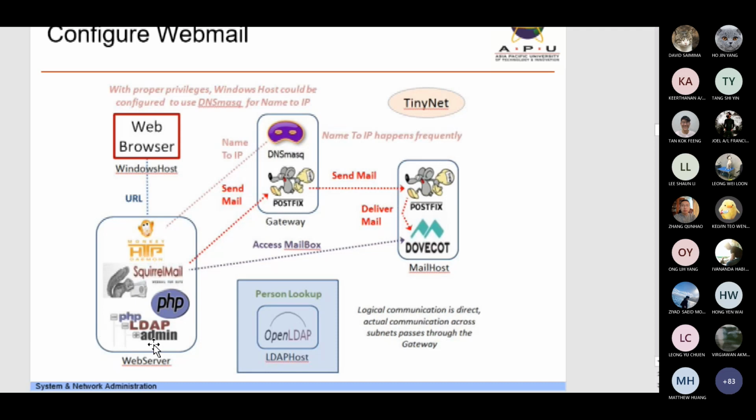One is PHP LDAP admin, so that we can connect to our LDAP server that we'll deal with next week. And Squirrel Mail that we can try out as soon as we get those little changes made to the mail host configuration that we talked about this morning.